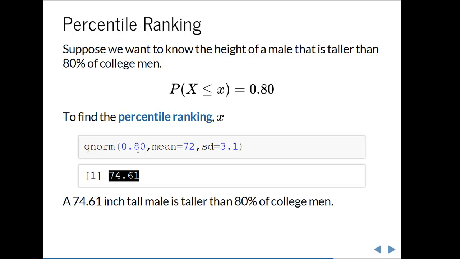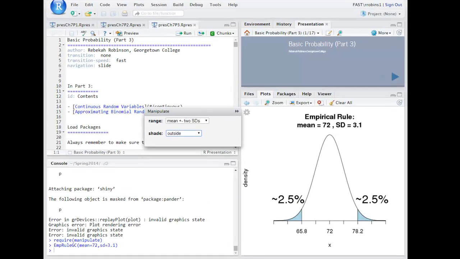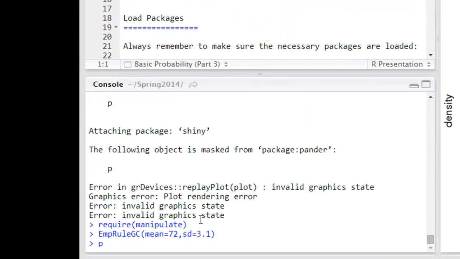So let's try this. It should be that the probability that a random variable is less than or equal to 74.61, a left-tail probability, is 80% or 0.8. So let's flip over to RStudio and just give this a try with pnorm_gc. So we'll do pnorm_gc, and our value was 74.61, the mean 72, and the standard deviation was 3.1.